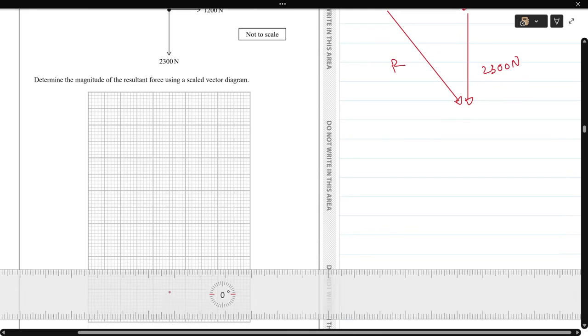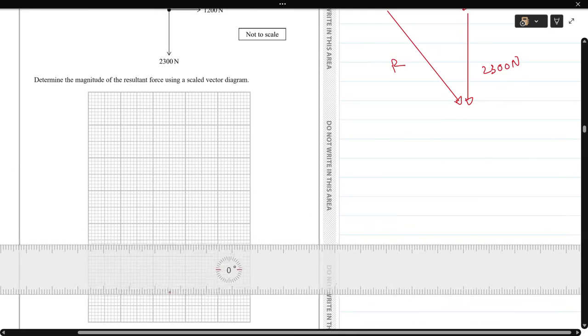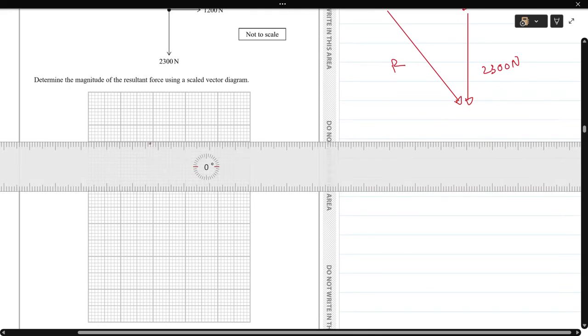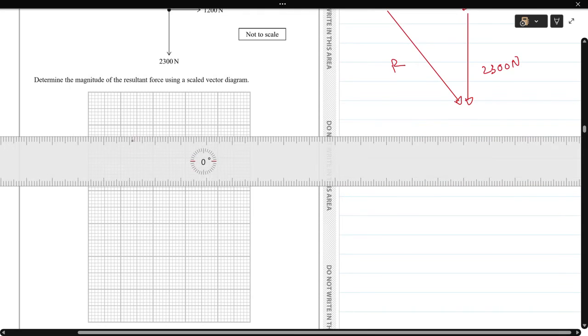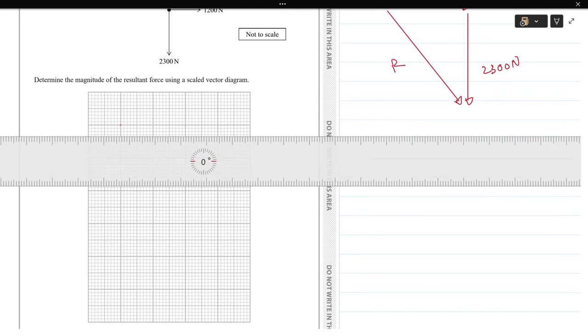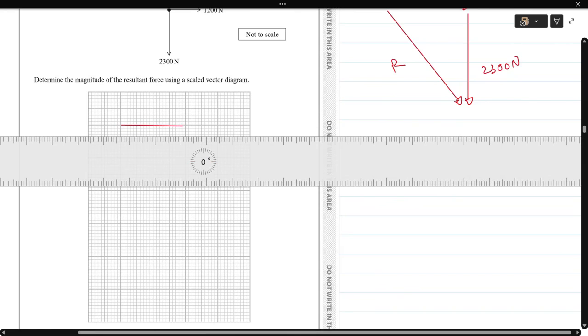Now for the scaling, let's say that I take 5 boxes as 1200 Newton.